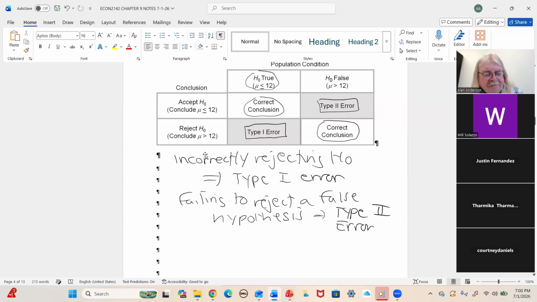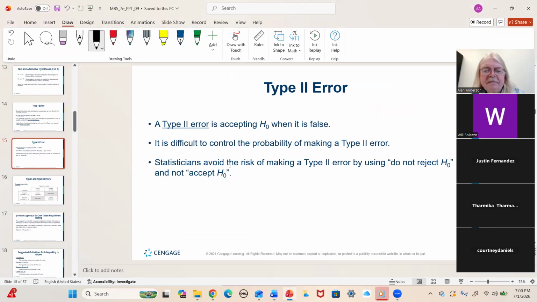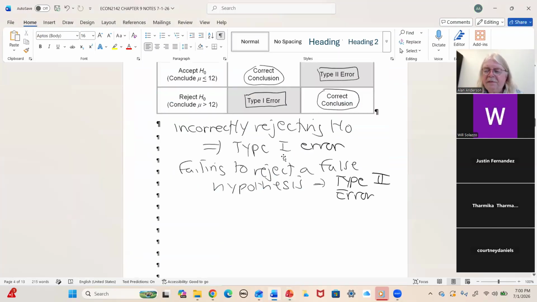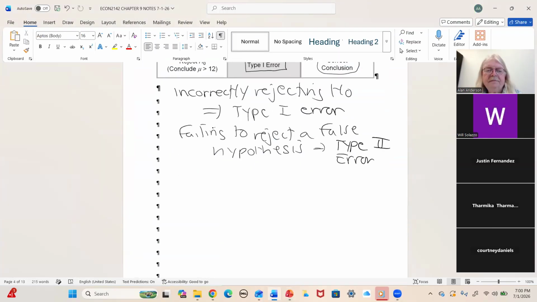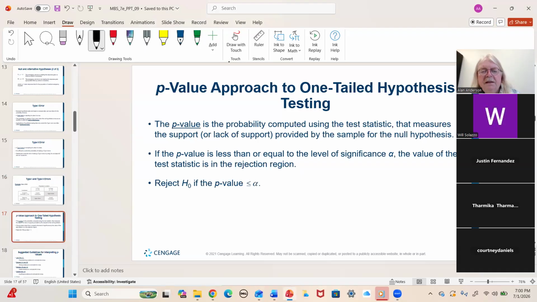Now, what other things do we need to know? P-value. The p-value is actually short for probability value. It's one approach to testing hypotheses.